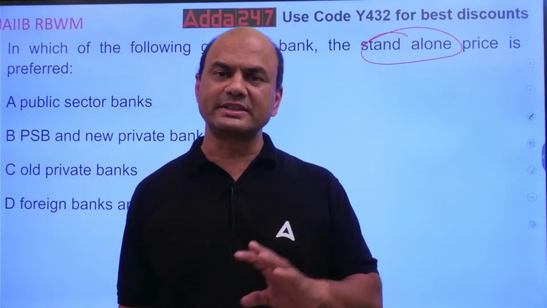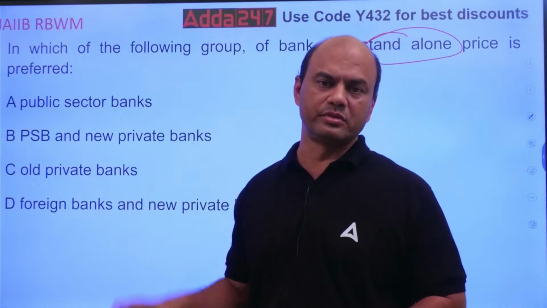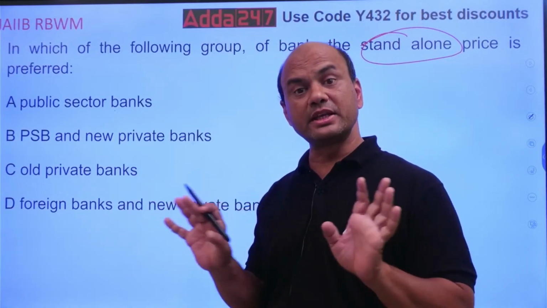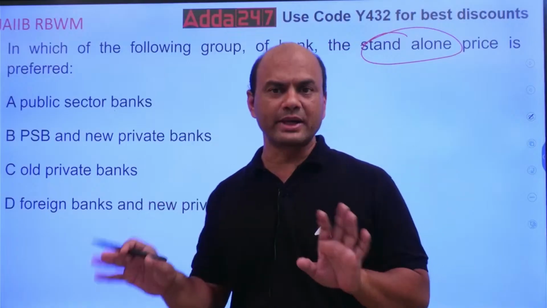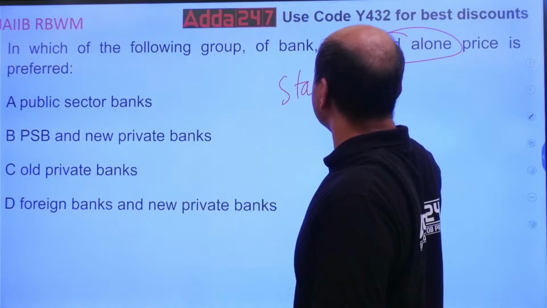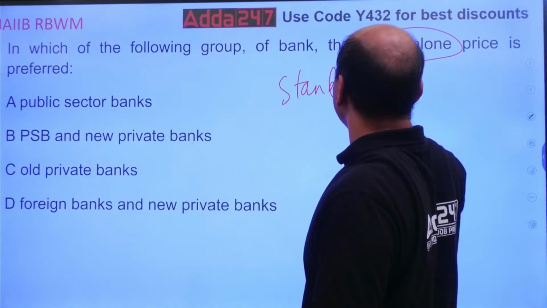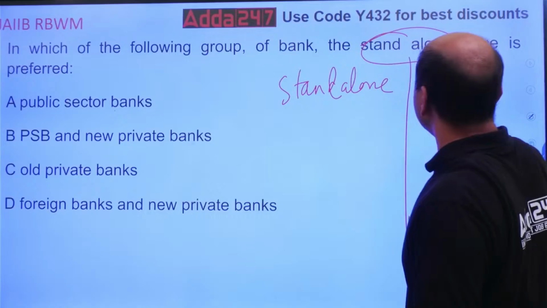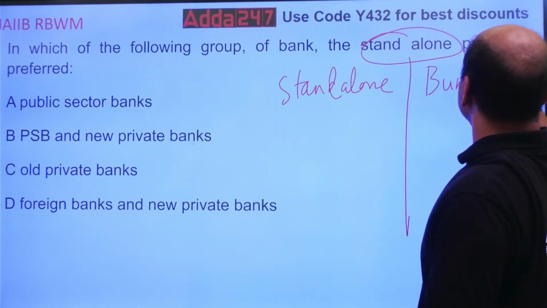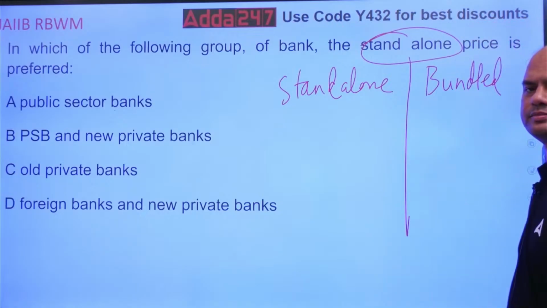If two products are separate, FD and home loan, each is priced separately, not in relationship with each other. Here, there are two pricings. One is standalone and the second one is bundled. These are the two pricings.